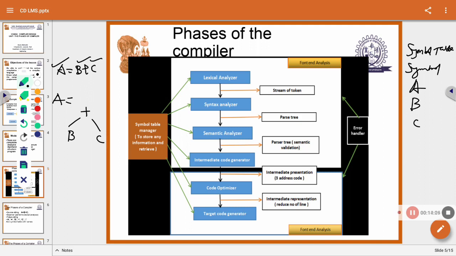Again, we have the same concept. The syntax analyzer is forming a parser tree. This tree is called the parser. What is a parser? The parser will get the token information from the lexical analyzer and generate a parser tree. The parser tree is of two types: bottom up approach and top down approach.